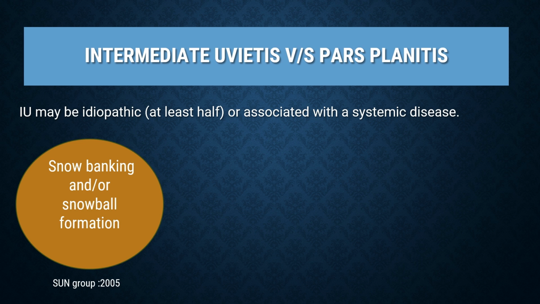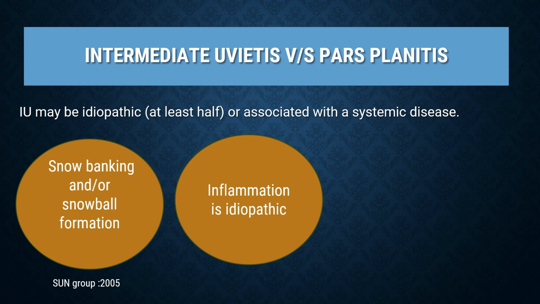According to the Sun group, if the inflammation is idiopathic, that means it is not associated with any systemic disorder or any infection, and along with that you have signs of pars planitis, that is snow banking and snowball formation. Our Captain Snowball is going to teach us what exactly snow banking and snowballs are in a while.